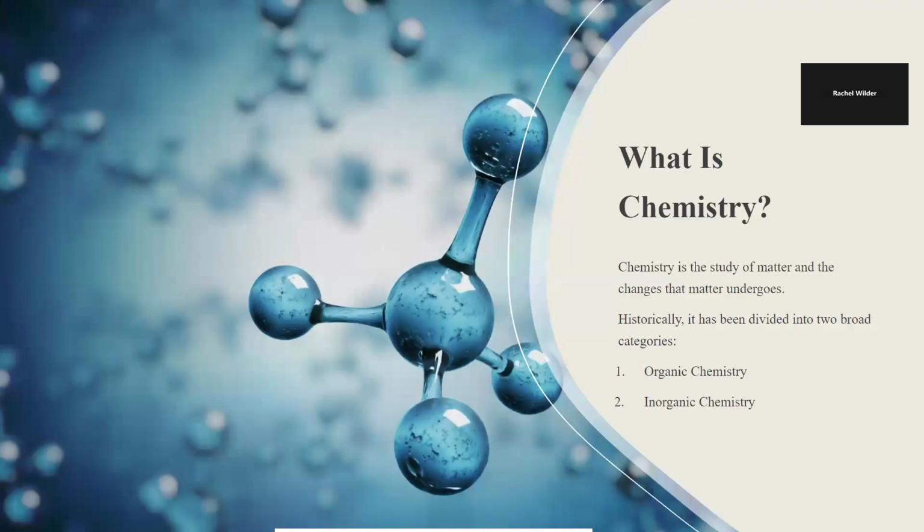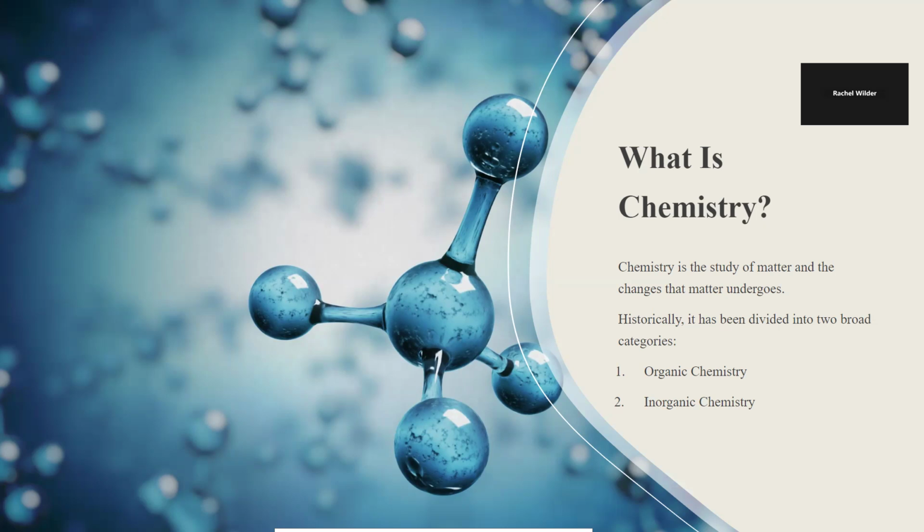So chemistry is a branch of science that is the study of matter and the changes that matter undergoes. Matter is anything that has mass and takes up space. Historically, chemistry has been divided into two categories: organic chemistry, which would study molecules and compounds that don't contain carbon and hydrogen together, and inorganic chemistry would be... I said that backwards.